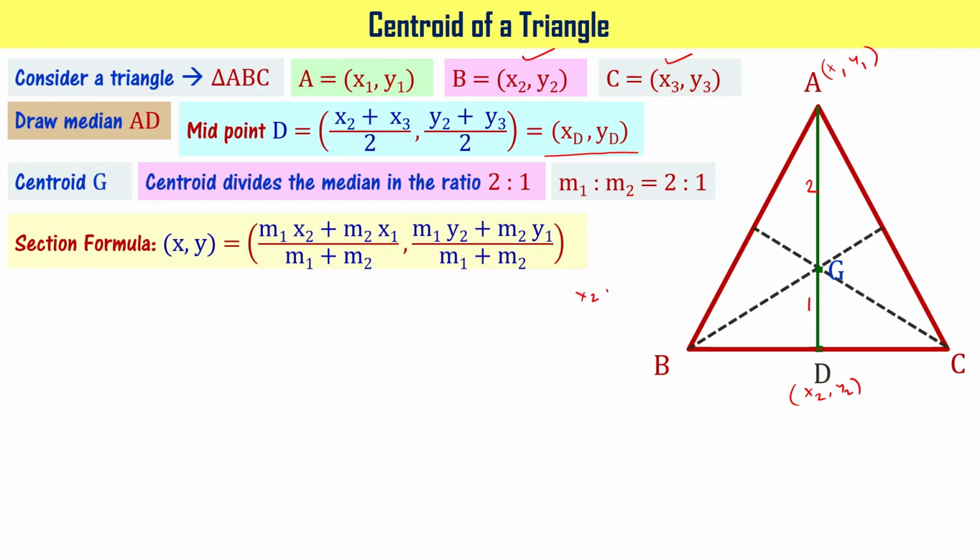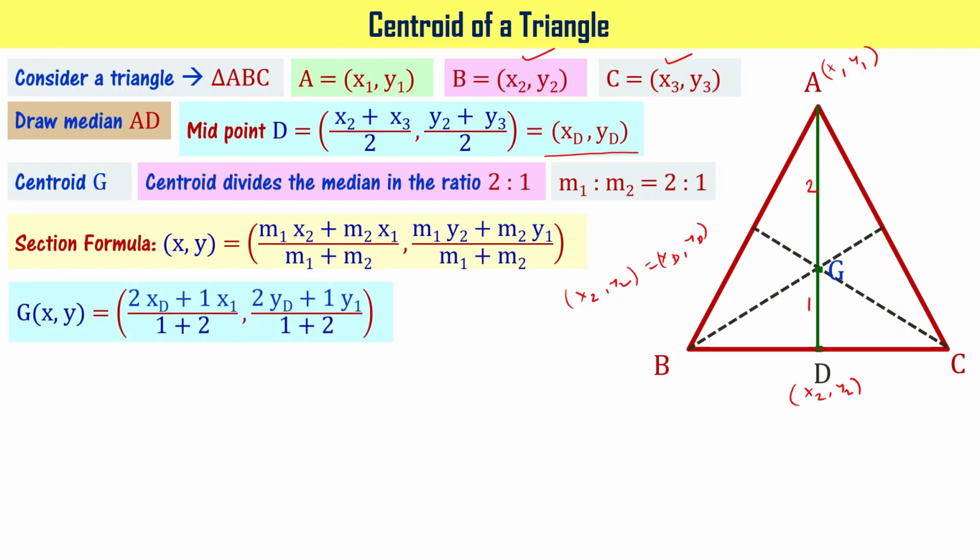And m1 and m2 are anyway known, that is m1 is to m2 equal to 2:1, right? Now when I substitute this, what I get is G of x comma y equal to 2 times xd plus 1 x1 divided by 1 plus 2, and 2 times yd plus 1 y1 divided by 1 plus 2, right?